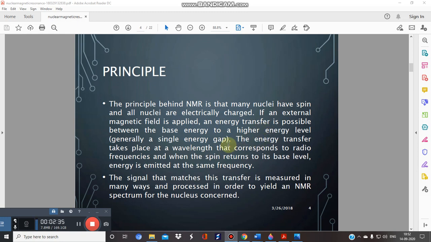This energy transfer takes place at a wavelength that corresponds to radio frequency. When the spin returns to its base level, the energy is emitted at the same frequency, and the signal that matches with the NMR will produce a spectrum.